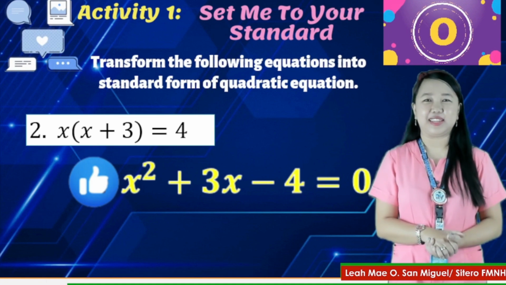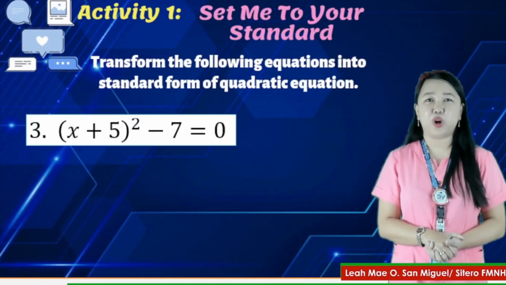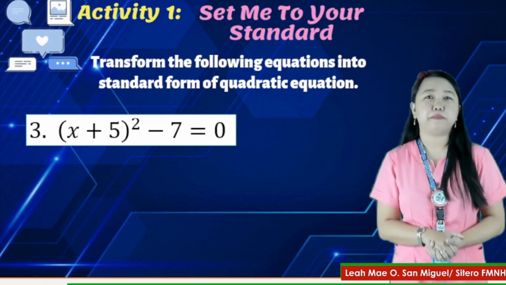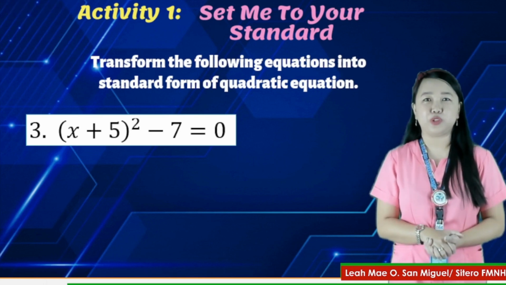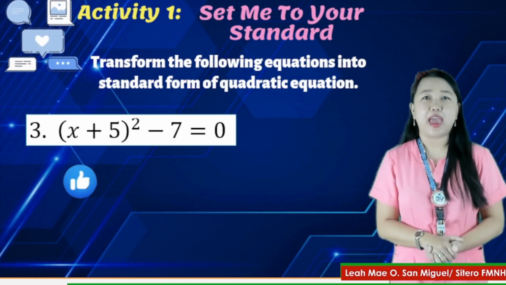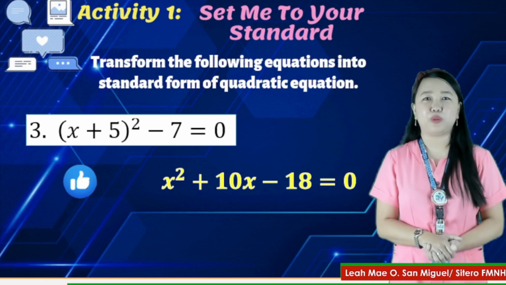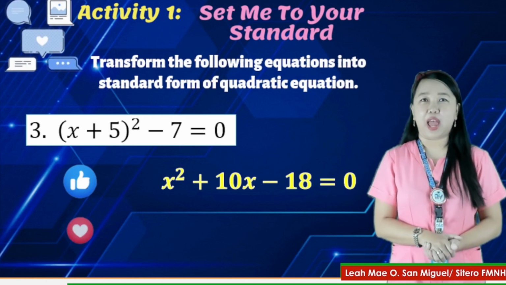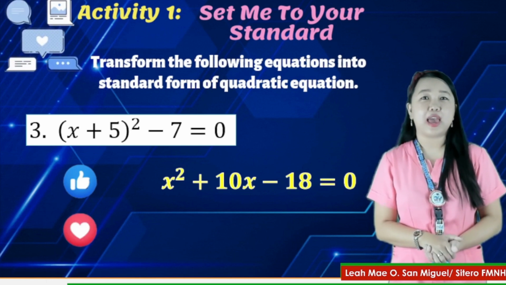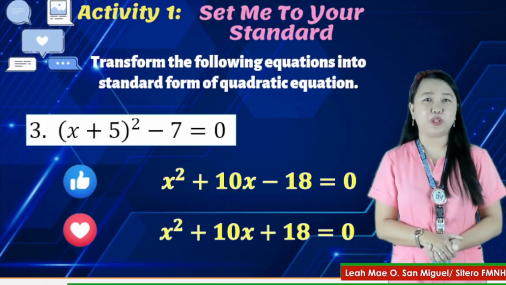Excellent! Last equation, the square of the binomial x plus 5 minus 7 is equal to 0. Click like reaction if your answer is x squared plus 10x minus 18 is equal to 0, and love reaction if your answer is x squared plus 10x plus 18 is equal to 0.